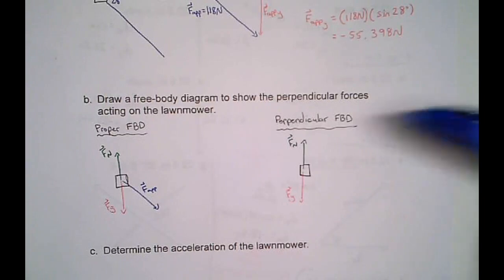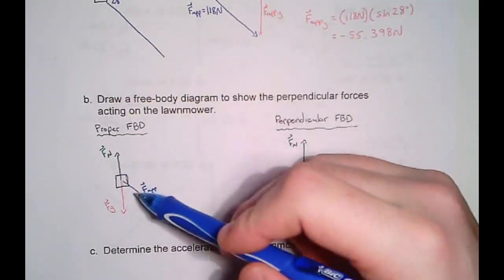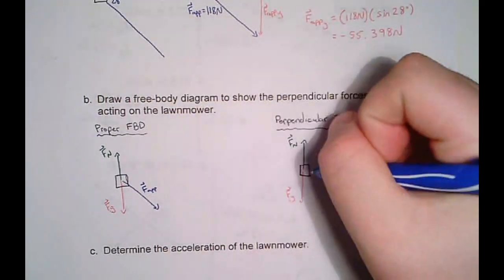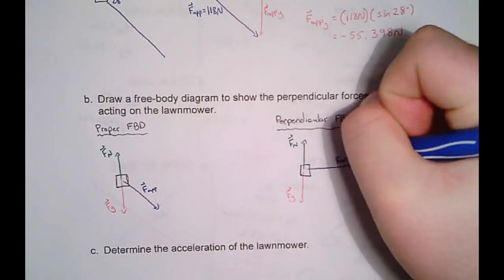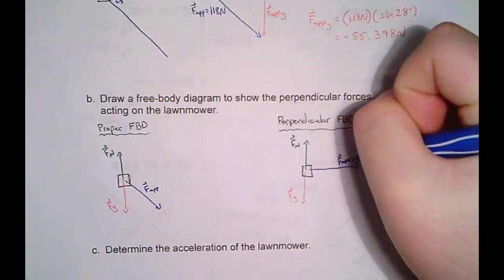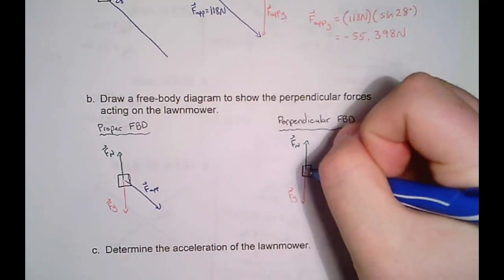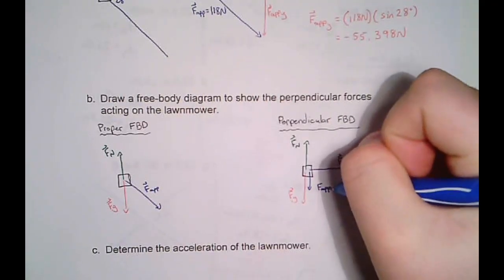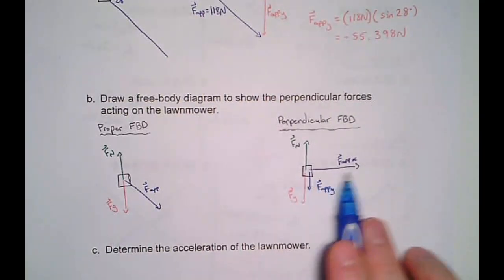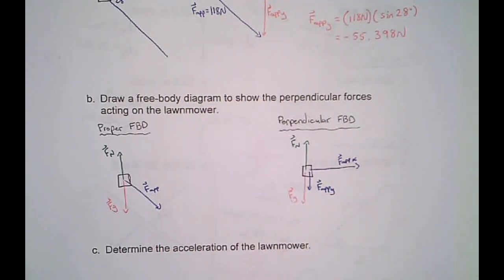But instead of moving this applied force at an angle, we are now going to have our force applied in the x direction and the force applied in the y direction, or our horizontal and vertical forces being applied.